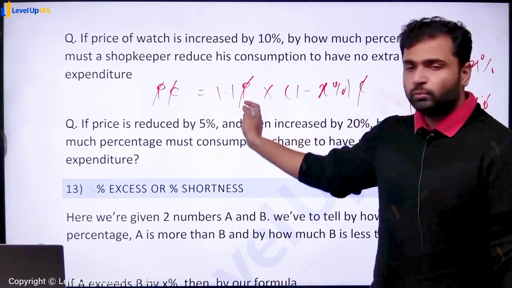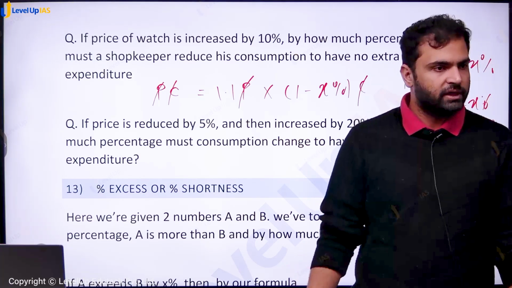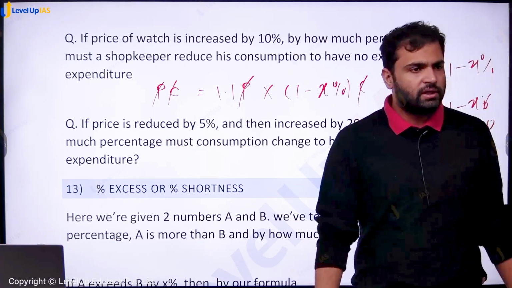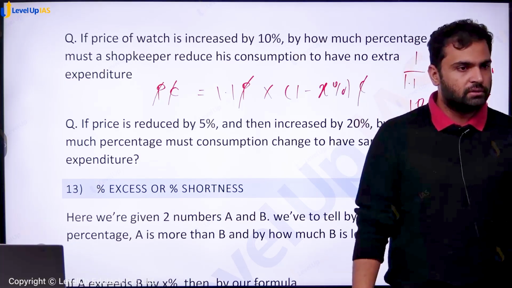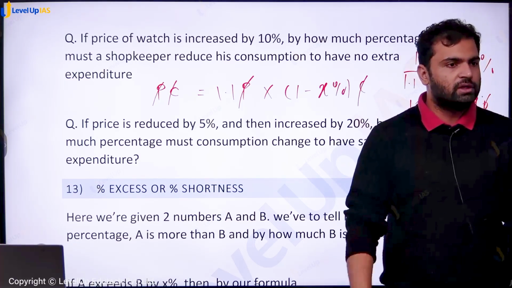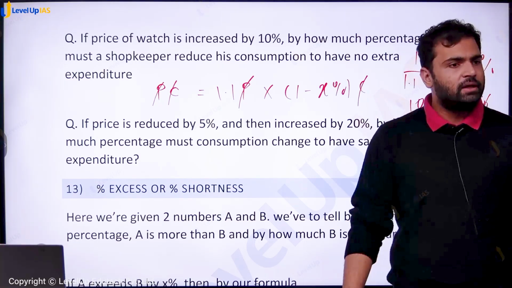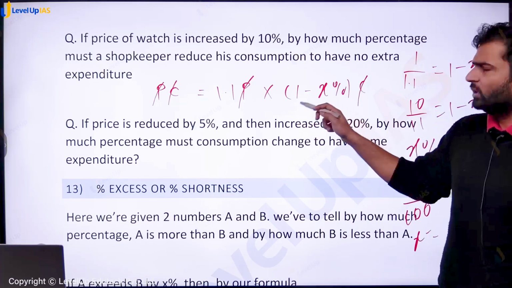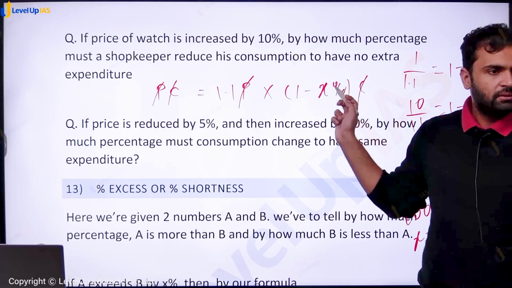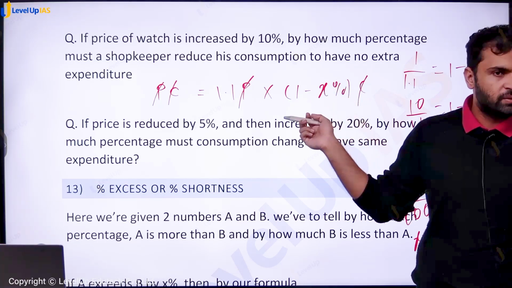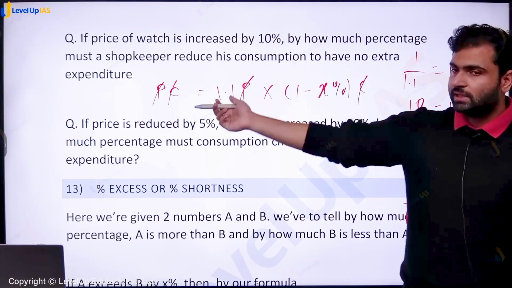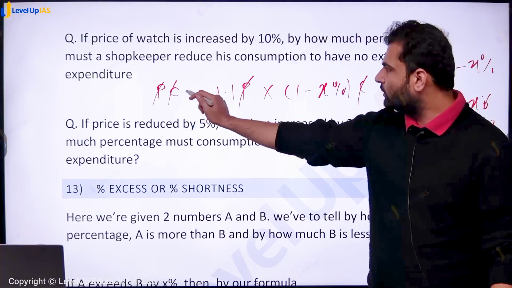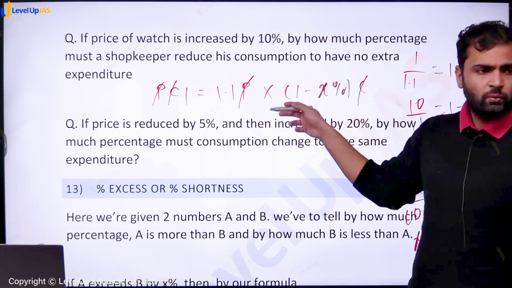So this is the new price, 1.1 into P. And therefore consumption will of course be reduced. Let us say it reduces by X%. So the new consumption becomes 1 minus X% into C, old consumption into 1 minus X%. P and C can be cancelled because these are non-zero quantities. We have 1 is equal to 1.1 into 1 minus X%.